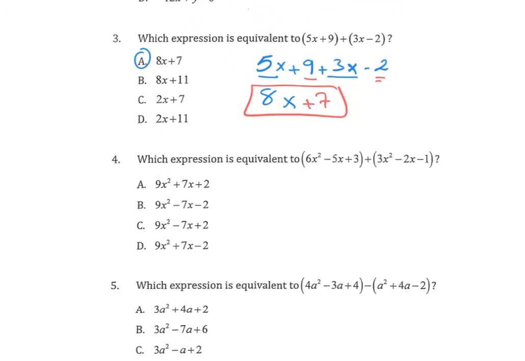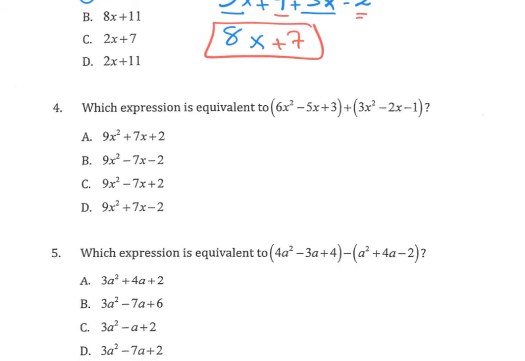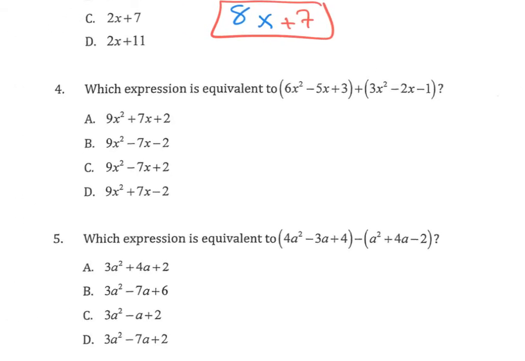Well, the same thing for number 4. We have to remove the parentheses. Since we have positive here, we're not going to change the sign. It's going to be 6x squared for the first parentheses, minus 5x plus 3, plus 3x squared minus 2x minus 1. So here we have 6x squared plus 3x squared, because we have to add like variables and like degree, so we can add the second degree with the second degree.